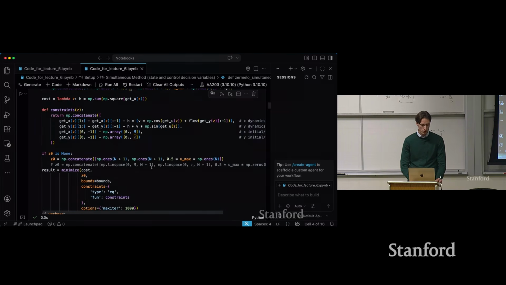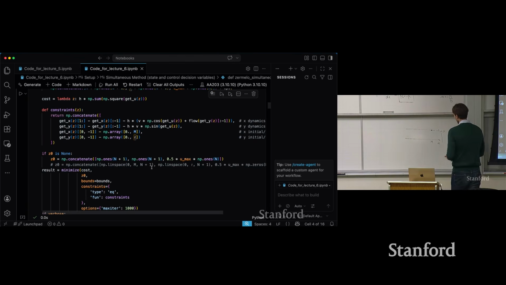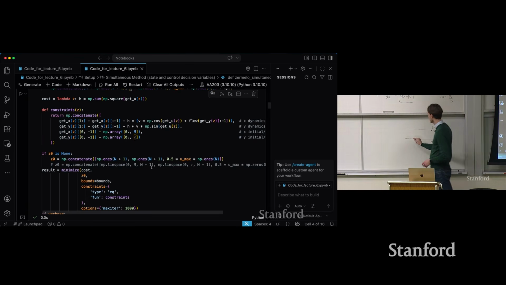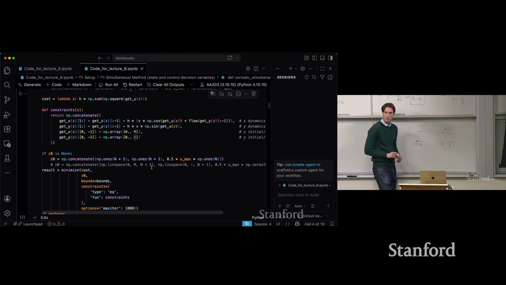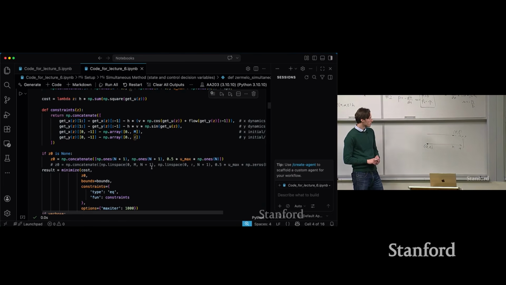Okay, and so is this clear, how we are basically mapping from the actual formulation to this code? Yeah, so M or L is this point over here, right? So this would be our coordinate ML, and we start from 0, 0.